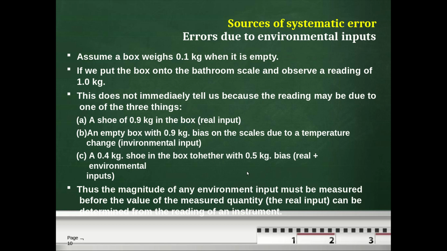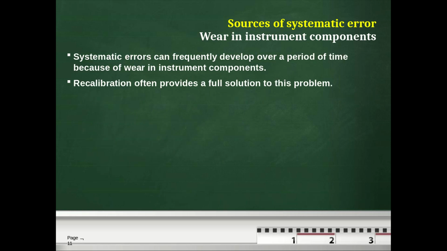Okay, so the magnitude of any environment input must be measured before we measure the real quantity, so we can take it into account. Okay, now the wear or the systematic error in the instrument components is frequently developed over a period of time, so it's not occurring directly.